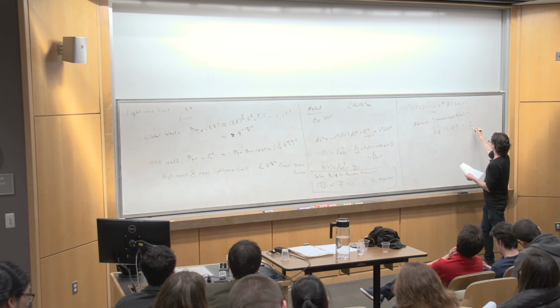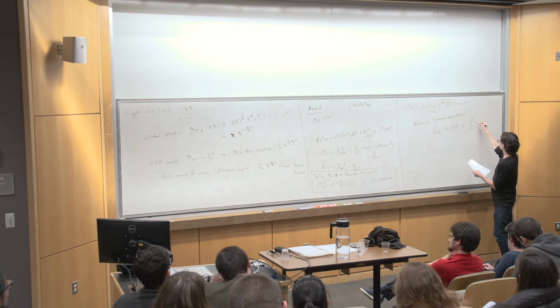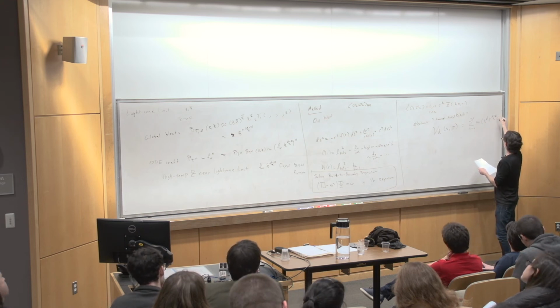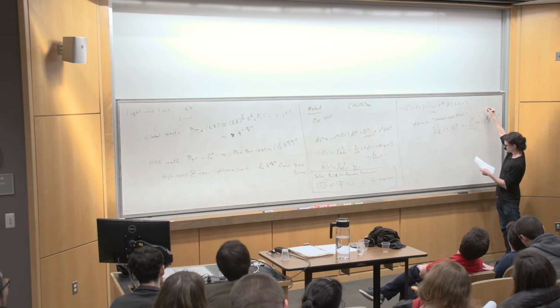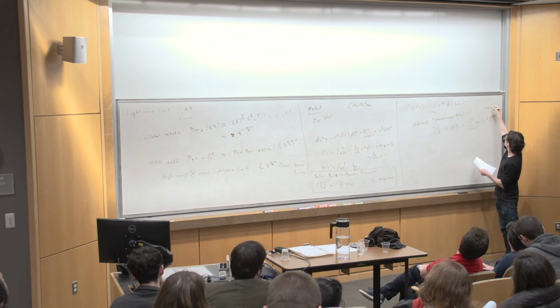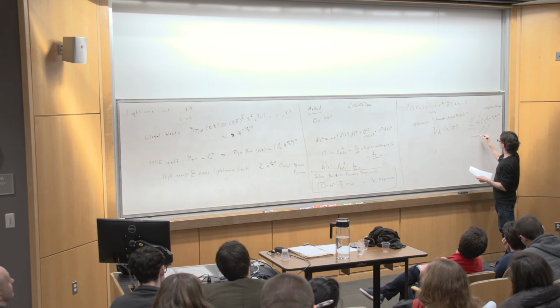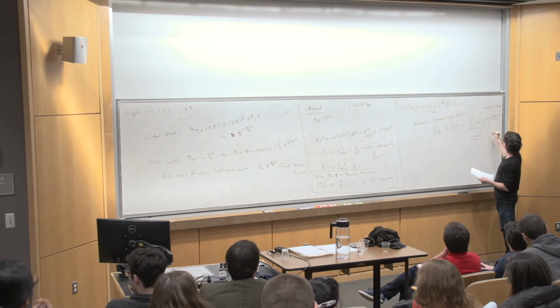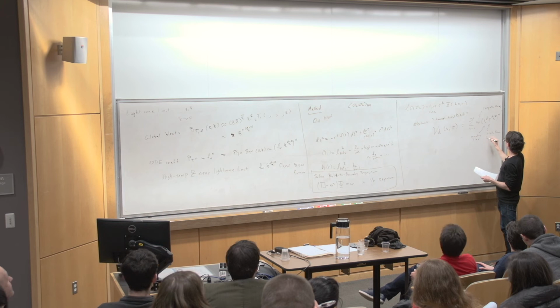So we get a sum, n equals 0 to infinity, a_n times something like this. And this is boundary time, and sigma basically parameterizes the angle from the light cone.